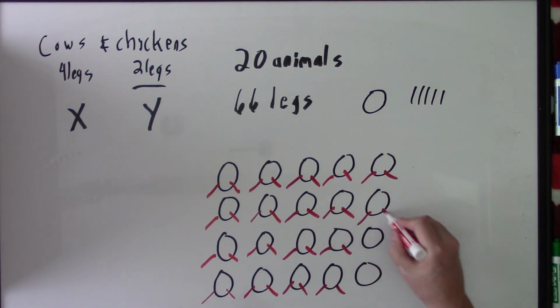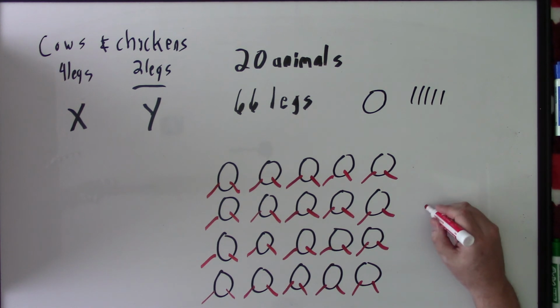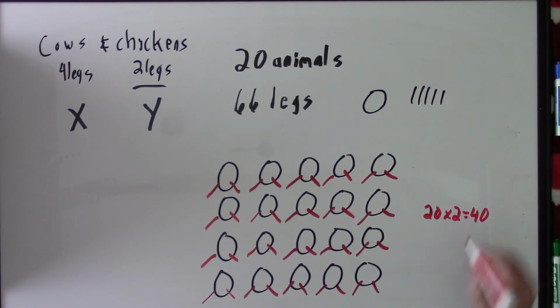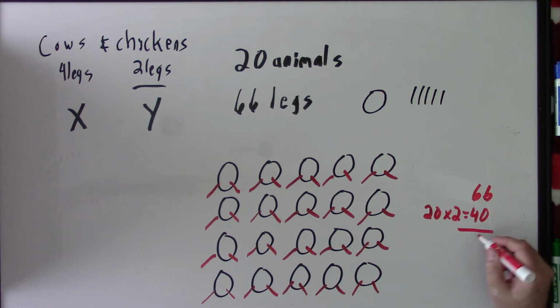And they're just physically doing this, using up the toothpicks. Now here, basically, they've used 20 animals times 2 toothpicks, which is 40. So they started with 66, so 66 minus 40, there's 26 toothpicks left.